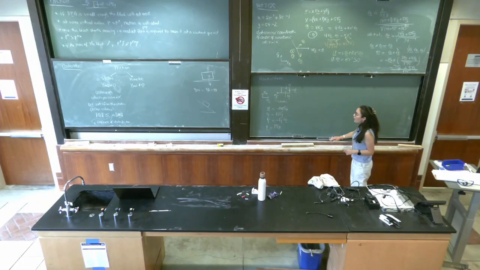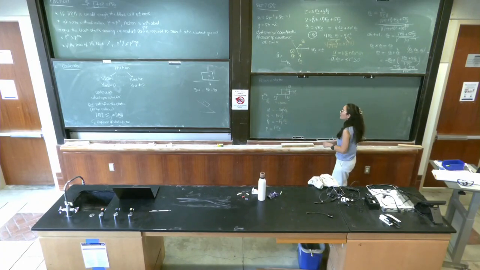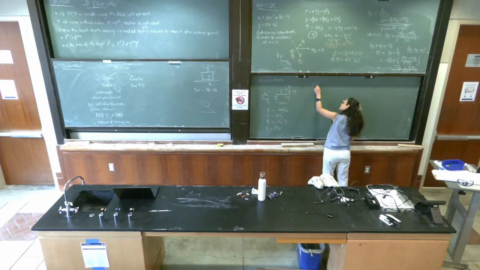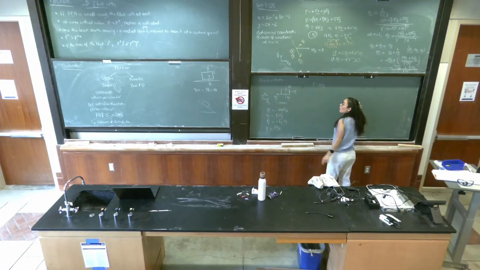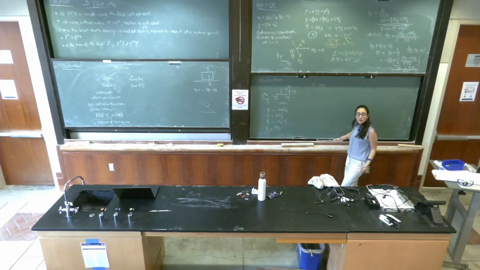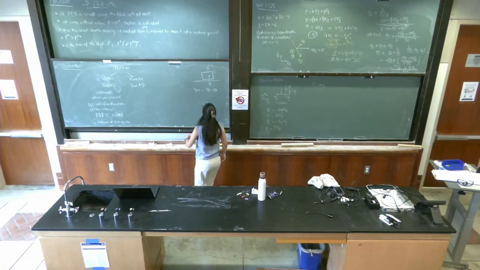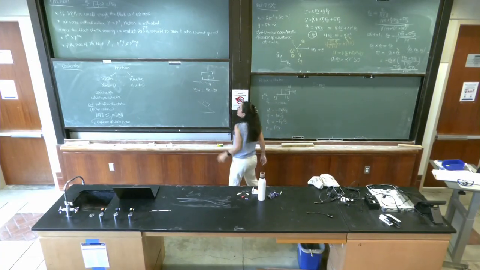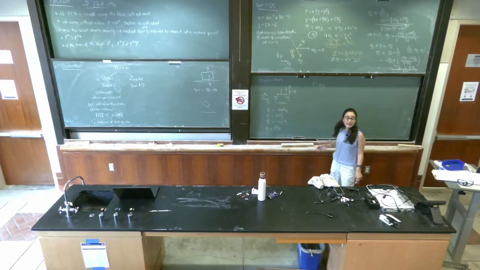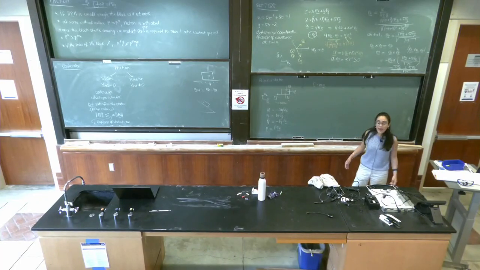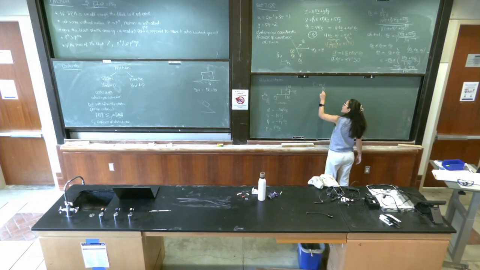So the block is static. I can write my F equals ma. What is the acceleration in this case if the surface under the block is fixed? If the surface underneath the block is fixed, then what is the acceleration of the block if it's not moving? A is 0.